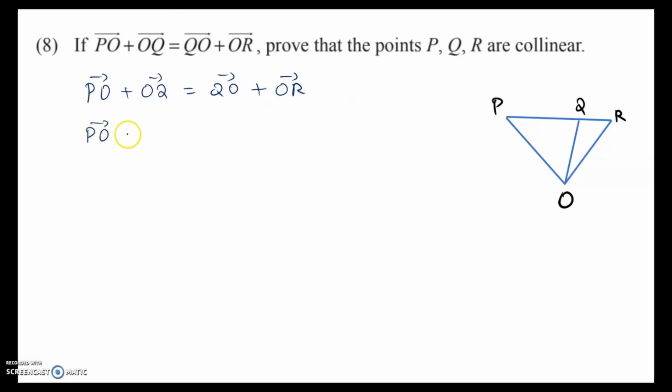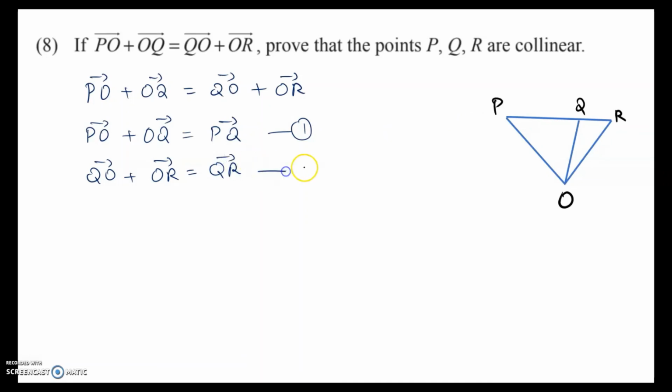PO plus OQ is nothing but PQ vector, so let's mark this as 1. And QO vector plus OR vector is nothing but QR vector, so let's mark this as number 2.